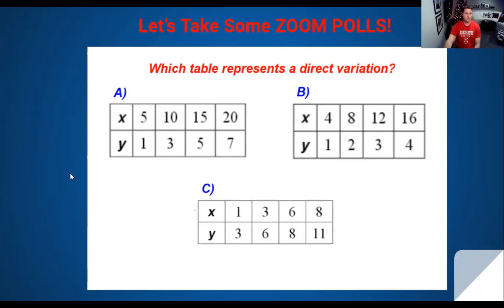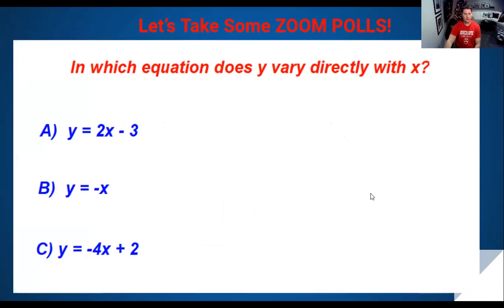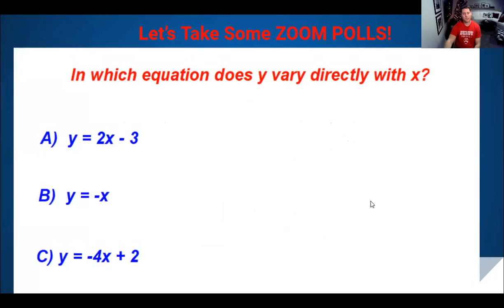All right, question number 3 is coming up on the screen, so make your decision for 2. Which equation does y vary directly with x? Or in other words, which equation represents a proportional relationship?